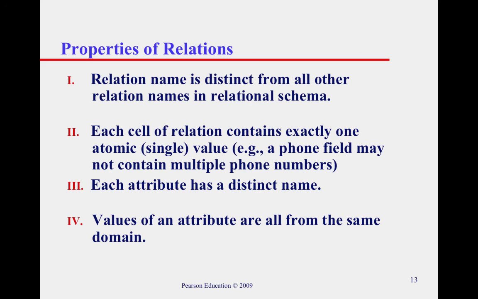The second one is a huge restriction on relational databases, and it's one thing that has caused people to look to other database organizations as a way of representing data. The second property says that each cell of a relation contains exactly one value.